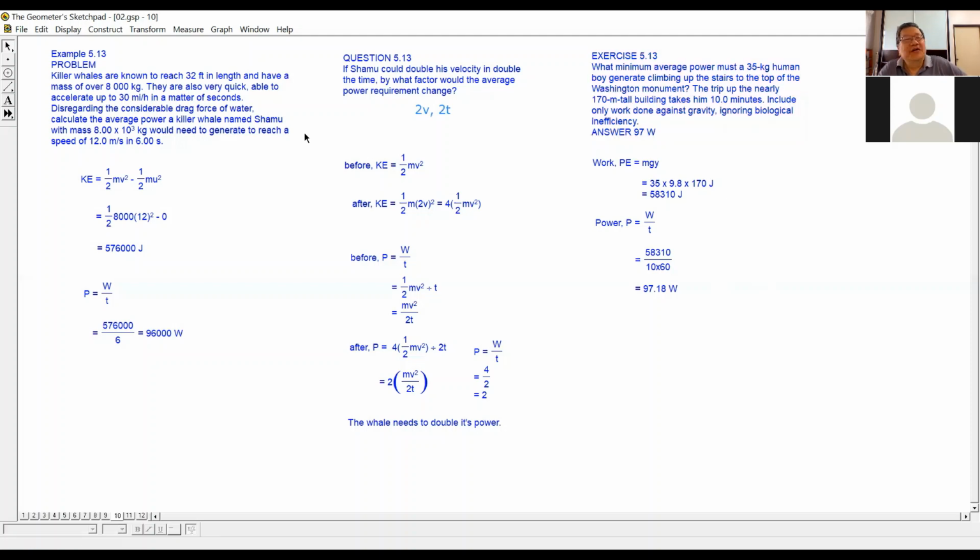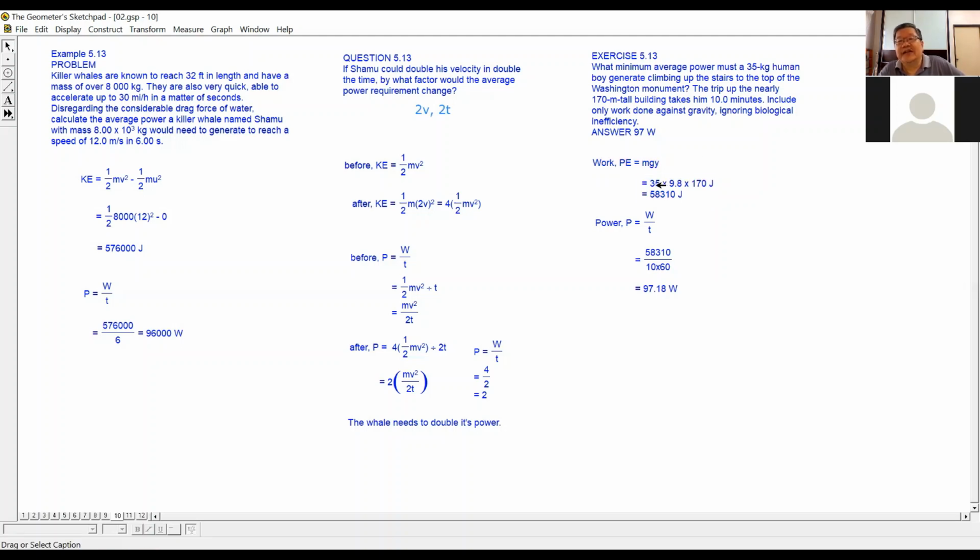So how much energy did the boy spend in climbing up 170 meters? The potential energy is mgy, mass times gravitational acceleration times the height achieved.